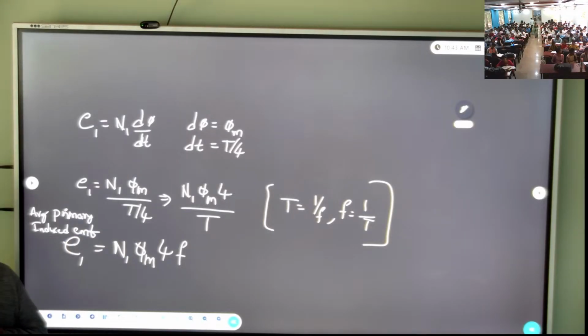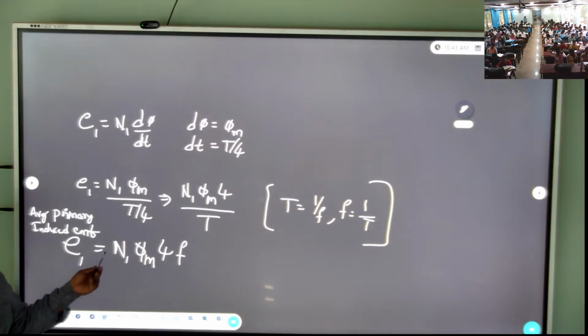Average primary induced EMF, that is E1, is equal to N1 pi m 4F. What is meant by F? Frequency of the supply. What is meant by pi m? Maximum flux available in the core. What is meant by N1? Number of turns in the primary.